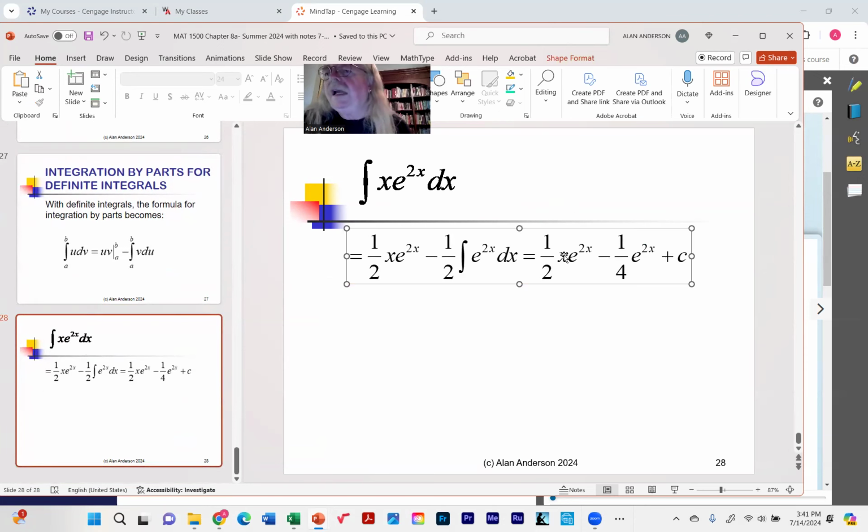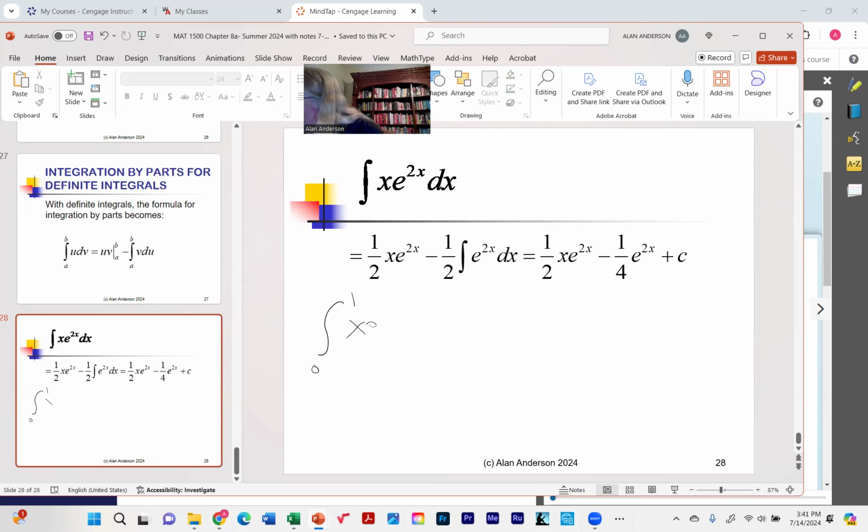So suppose we had instead something like this. So we would have had the first term evaluated. We've already done with the first term, so we'll evaluate that between 0 and 1.